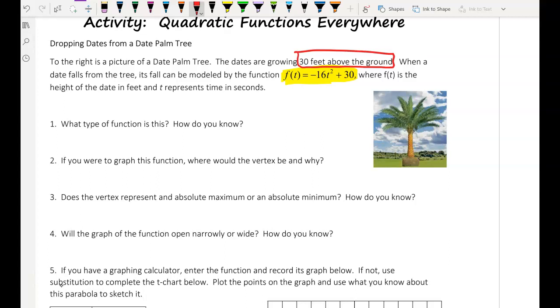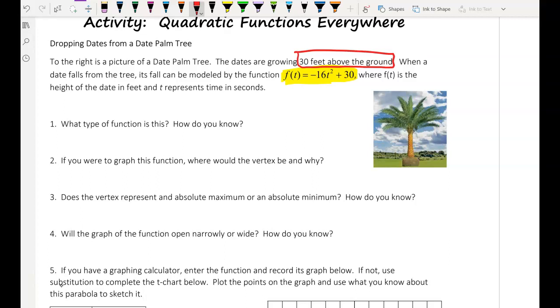Kira, what type of function would this be, f of t equals negative 16t squared plus 30, and how do we know it's that type of function? What's the entire title of this unit?